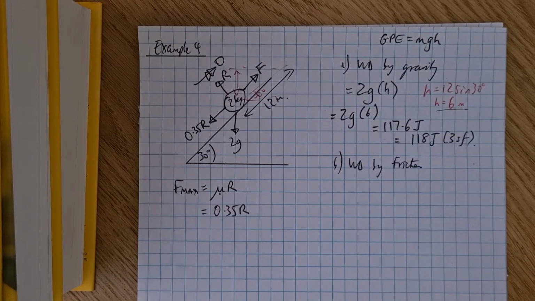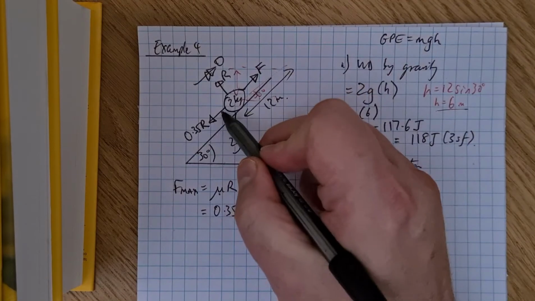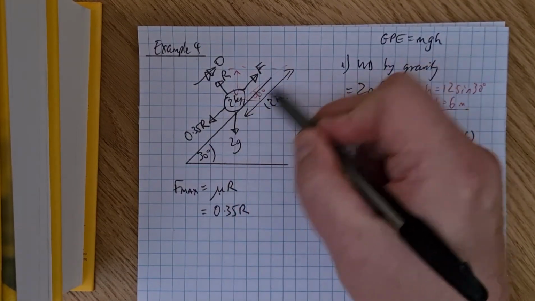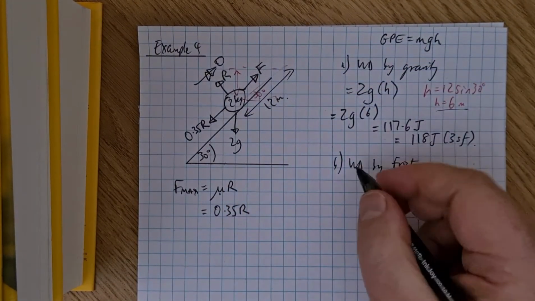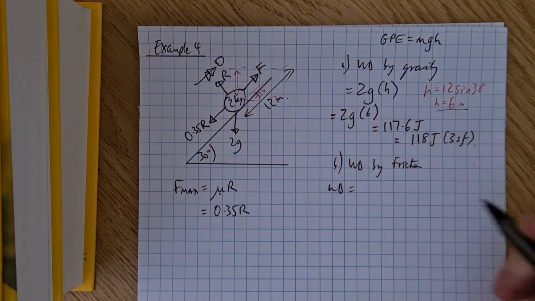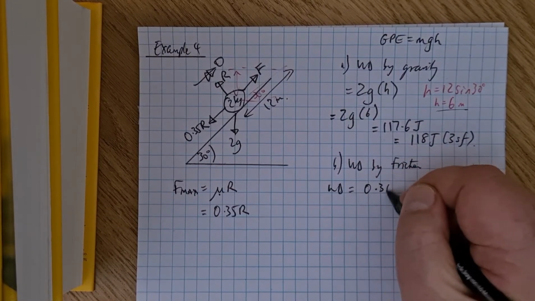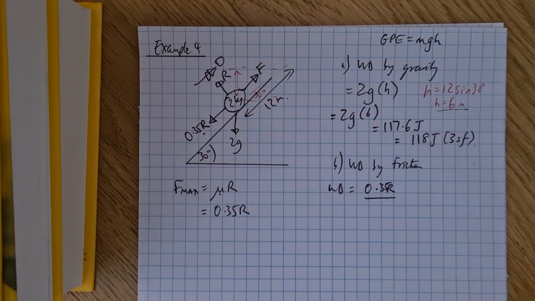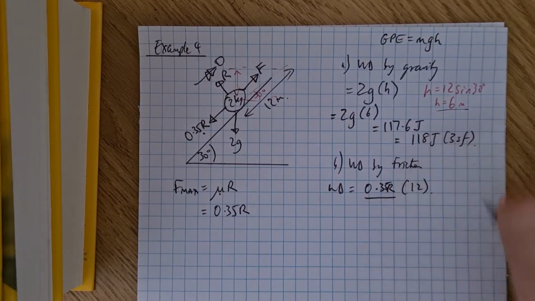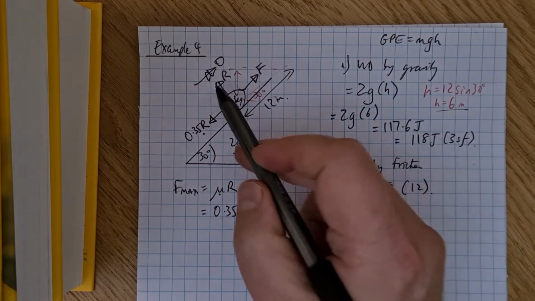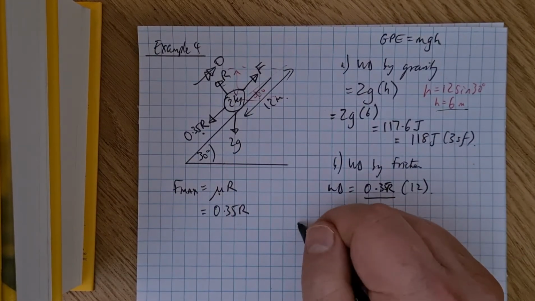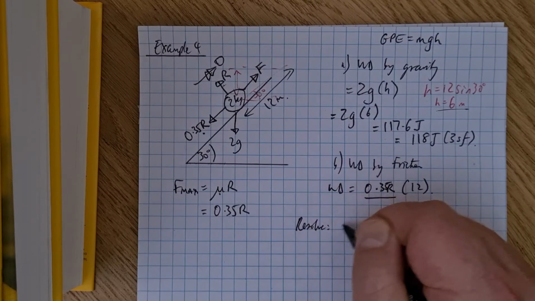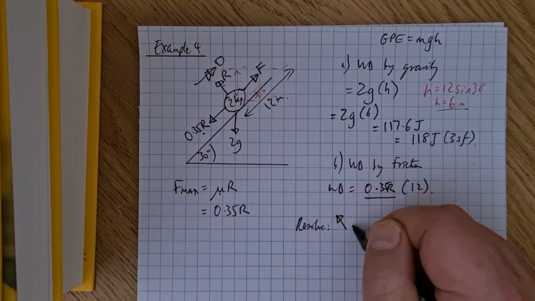Now, the work done by friction is slightly more straightforward in the sense that the direction of the force is the same as the direction of the motion. So our work done in this case by the friction is simply going to be 0.35 R, which is our friction force, and that will be multiplied by 12. So to be able to find out what R is, we need to resolve perpendicularly to the plane.